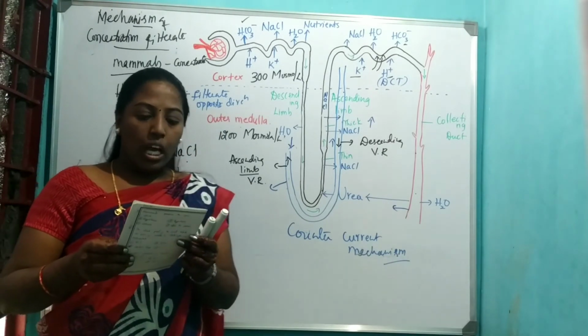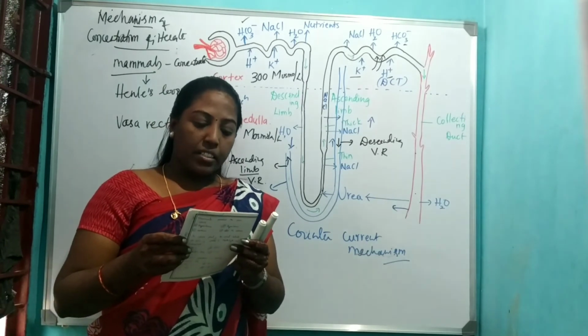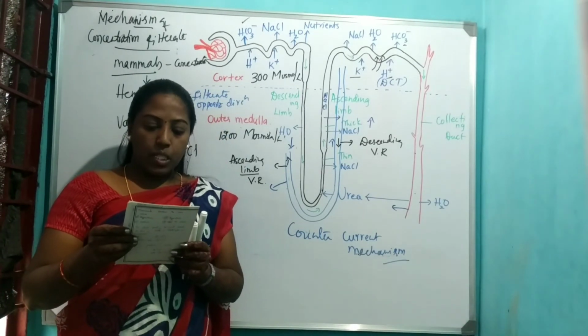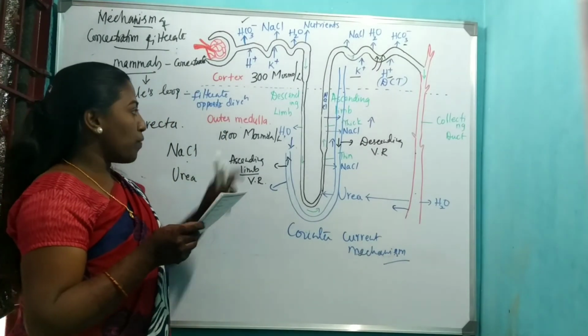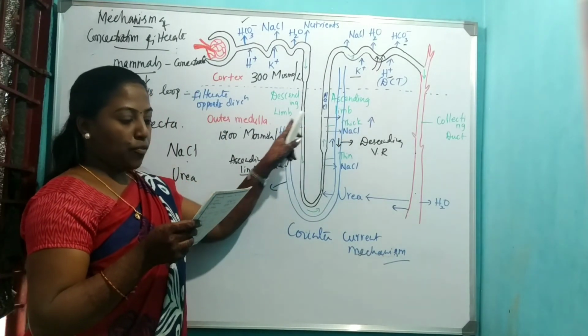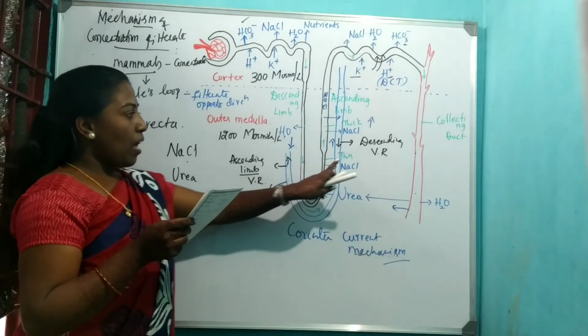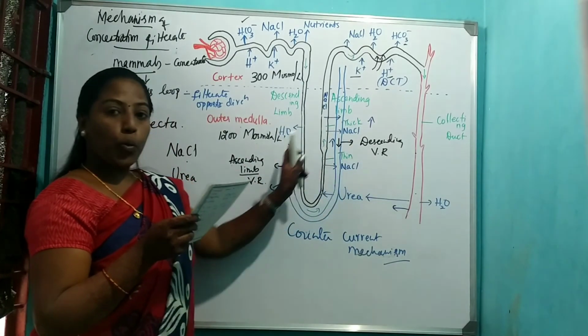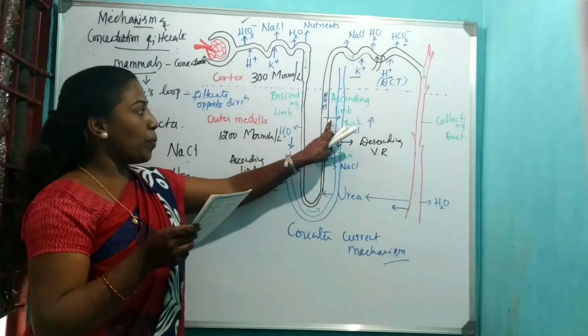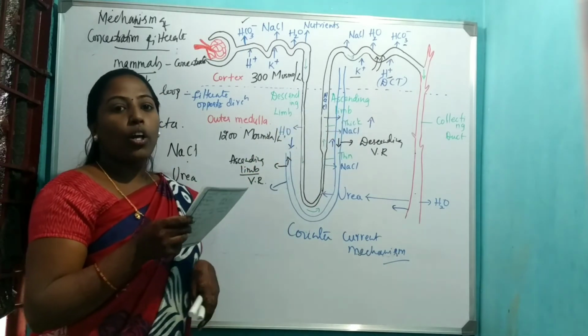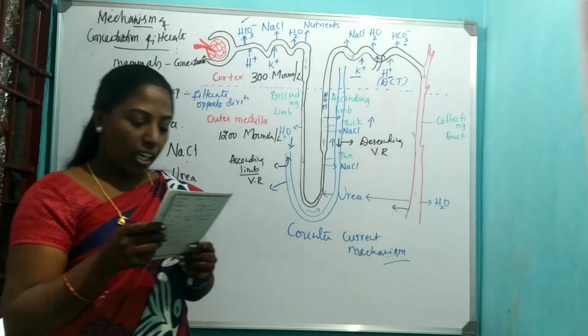The next question: high osmolarity or the countercurrent mechanism is caused by the flow of filtrate in opposite limbs of Henle's loop, flow of blood in the vasa recta in the opposite direction, proximity of Henle's loop and the vasa recta, or all of the above. The answer is all of the above.